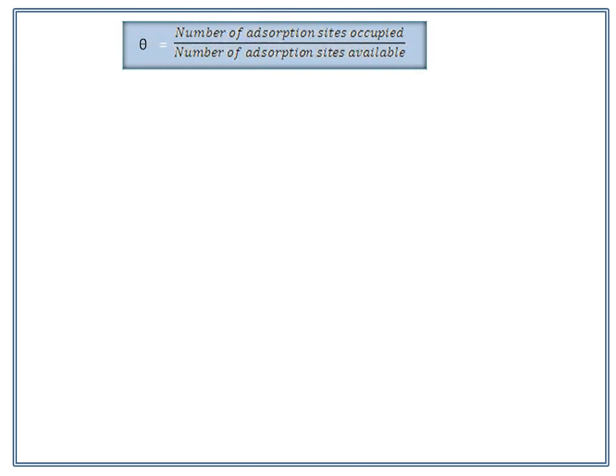Theta can be calculated as the number of adsorption sites occupied divided by the number of adsorption sites available. The rate of adsorption is equal to Ka into Pa into n into 1 minus theta. Here we removed proportionality by introducing the proportionality constant Ka, that is the rate constant for adsorption.